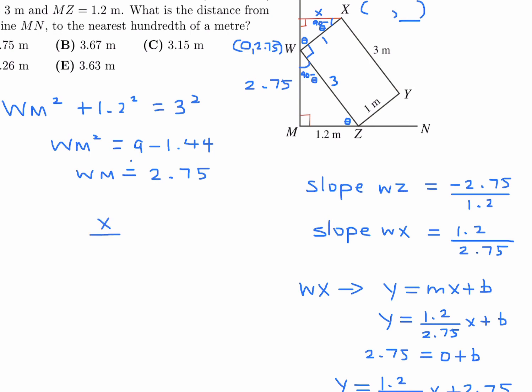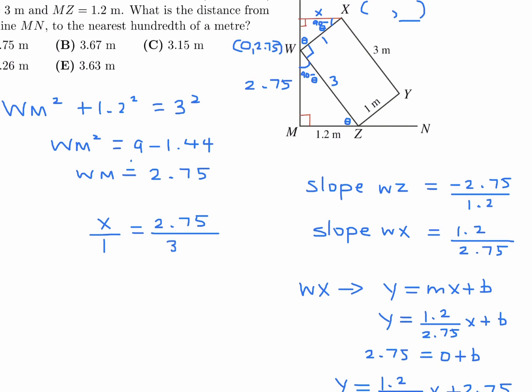X over 1, this guy over this guy, is the same as the relationship in this triangle right here. And that is going to be the 90 minus theta side, so 2.75. And then the 1 was the 90 minus theta side, so on this triangle, the 90 minus theta side is 3.